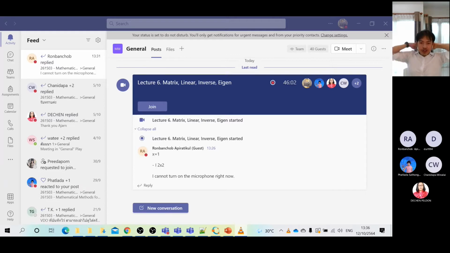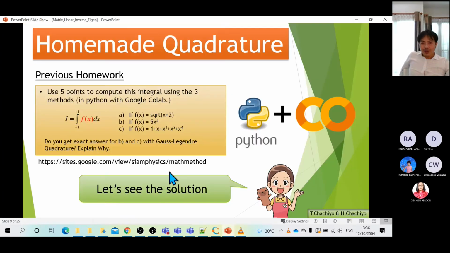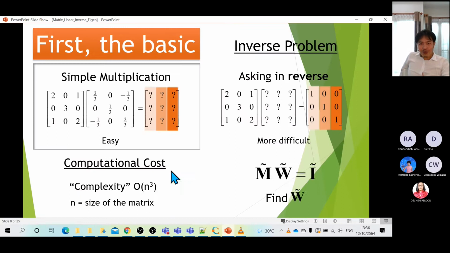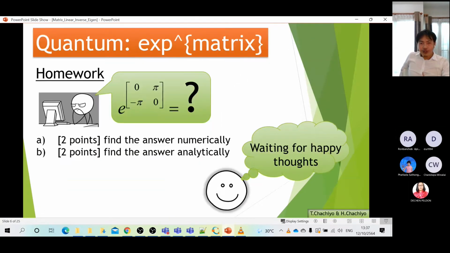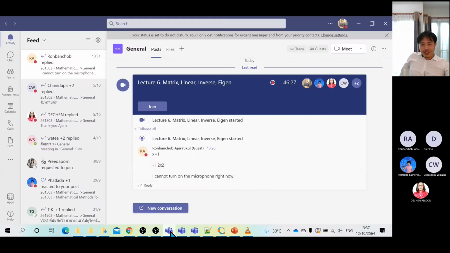The answer for this question, let's go back to the quizzes, the homework problem that I asked previously. I asked you to compute what is the right hand side of this expression, e to this strange 2 by 2 matrix. Now, Mr. Ron gave us the answer correctly in this message.